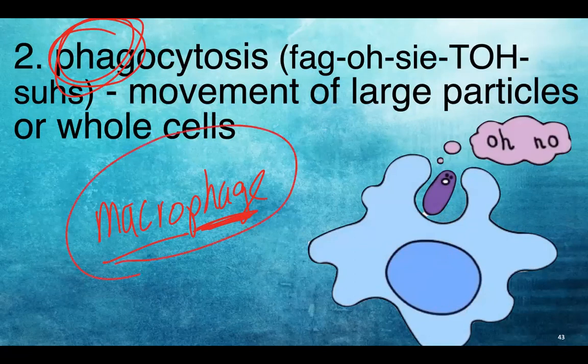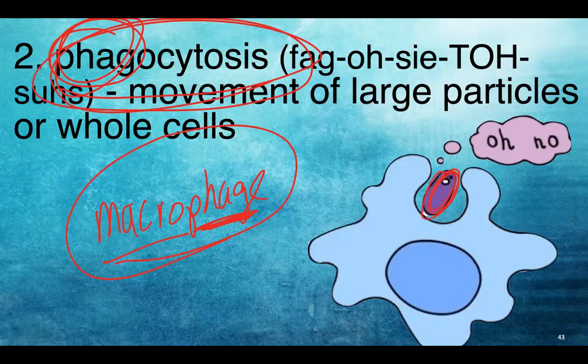So a macrophage is a white blood cell that's going to use the process of phagocytosis, and that's why it's called a macrophage. So here you've got a bacteria, oh no, and the white blood cell is going to use phagocytosis, which is the specific kind of endocytosis, to engulf it. And then once inside, the macrophage is filled with enzymes again, and it will break down the bacteria.